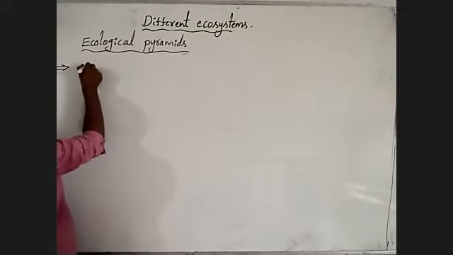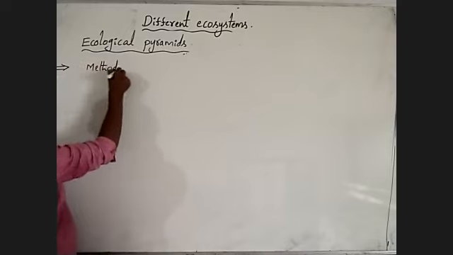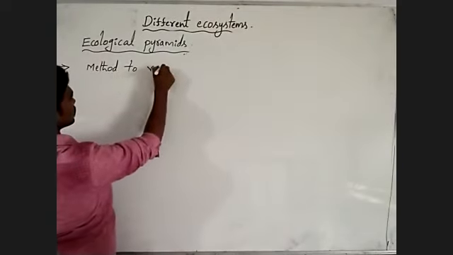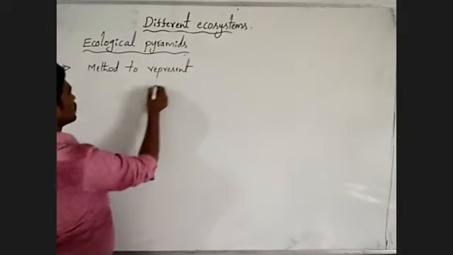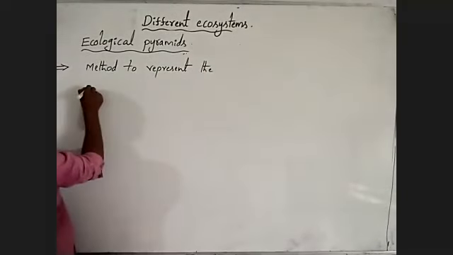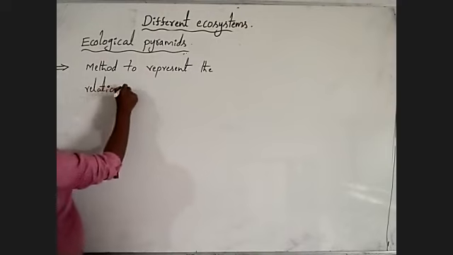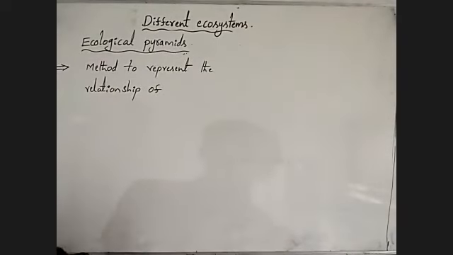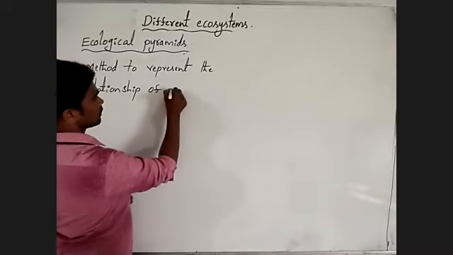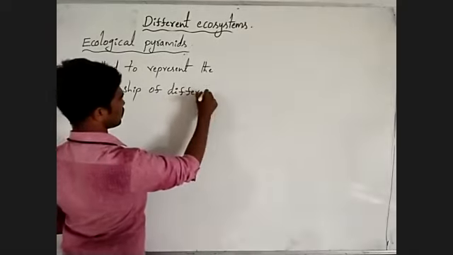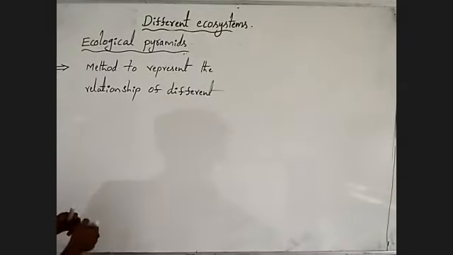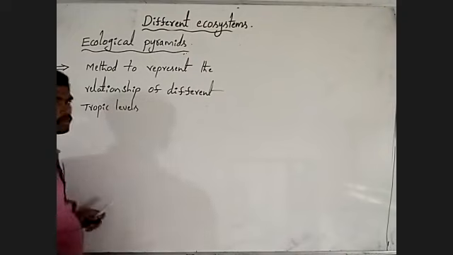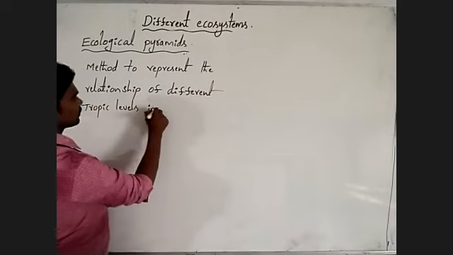This is another method to explain or represent the relationship of, listen carefully here, different organisms or different trophic levels in an ecosystem.